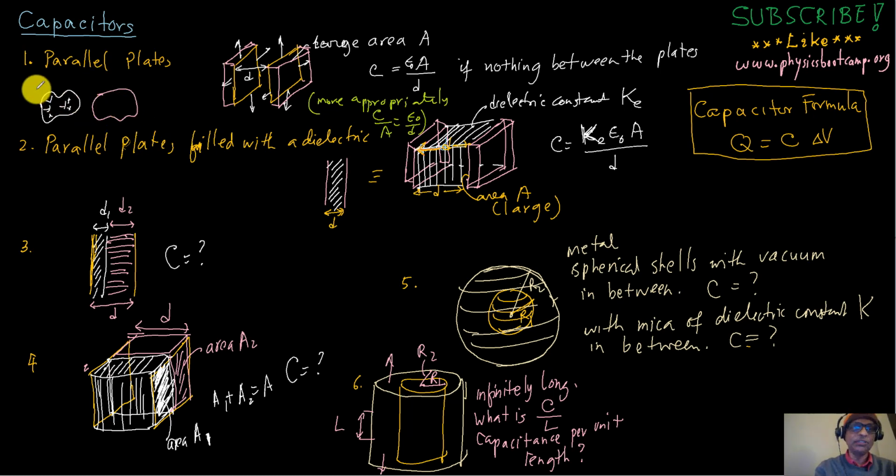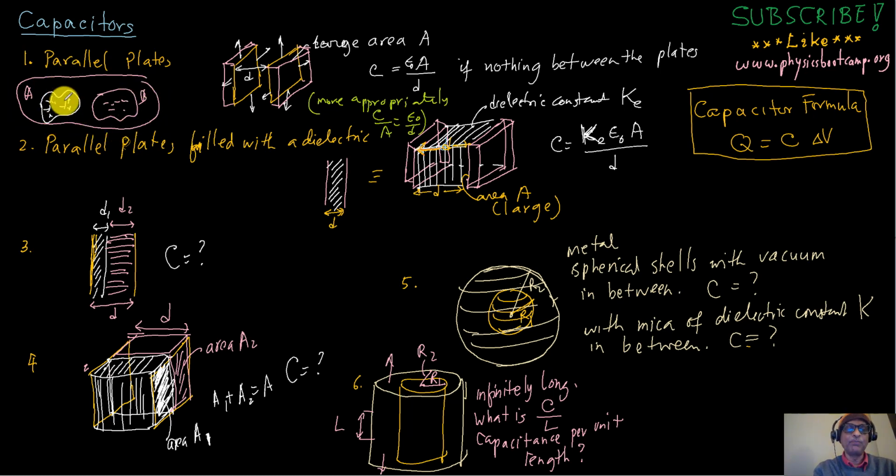So this is metal A and this is metal B, and we maybe would transfer some electrons from here to here, and this becomes the same amount of charge, negative, as the other becomes positive. So usually we'll deal with capacitors which have two metals.